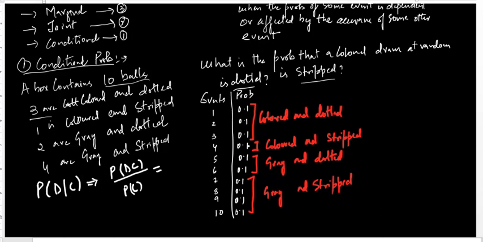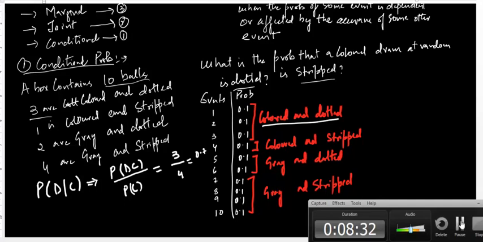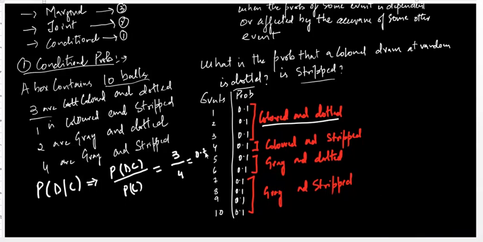The dotted and colored balls are 3, and the total colored balls are 3 and 1, so I have a total of 4 colored balls. So the probability will be 3 divided by 4, which is equal to 0.75.